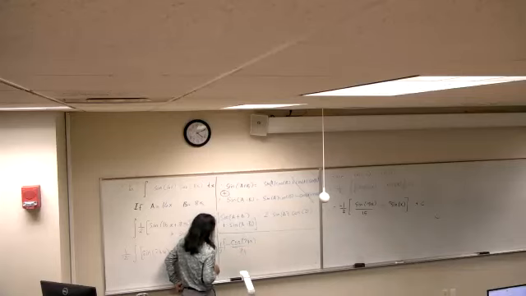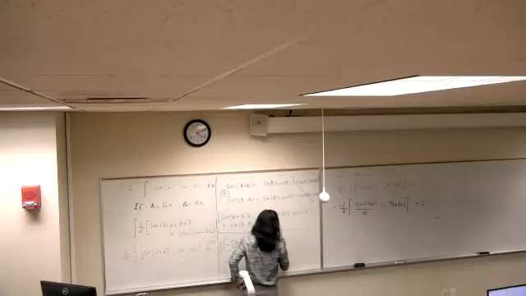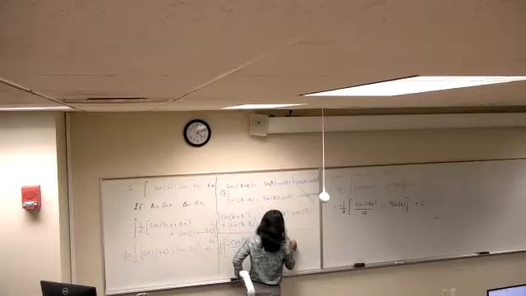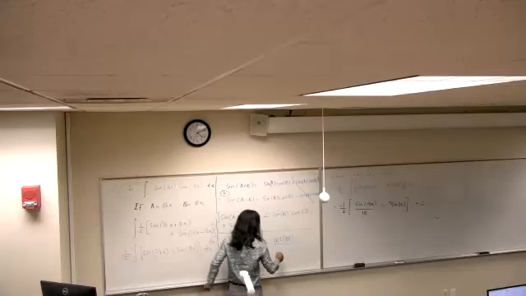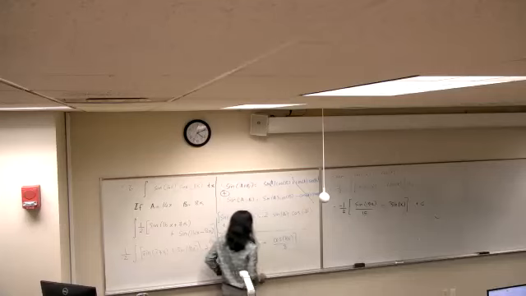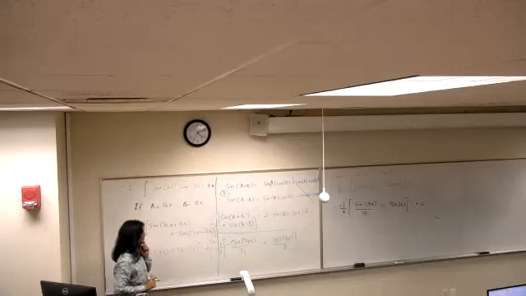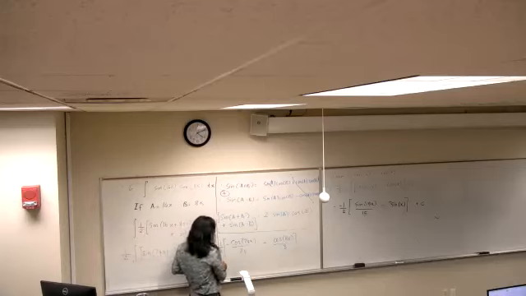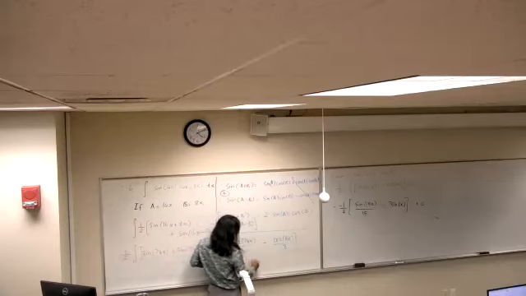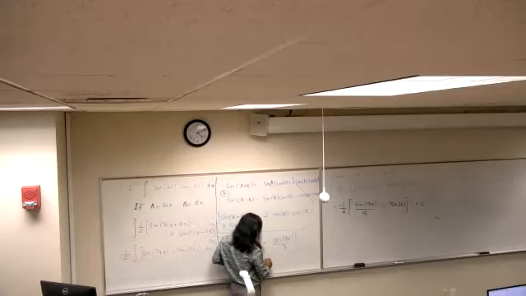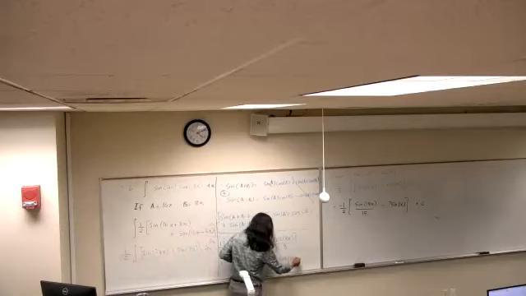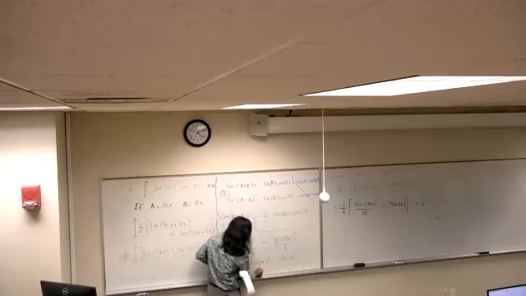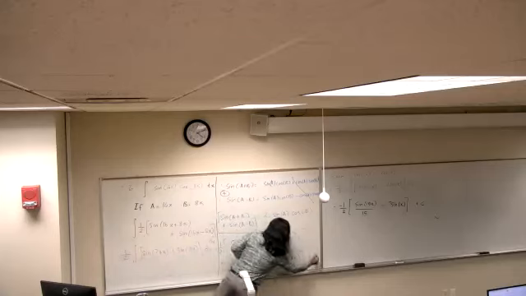Negative. So integral there would be cosine 8x over 8. I have an 8 in common. If I pull that out, I would have 1 over 16 minus cosine 24x minus cosine 8x. This one would be divided by 3.